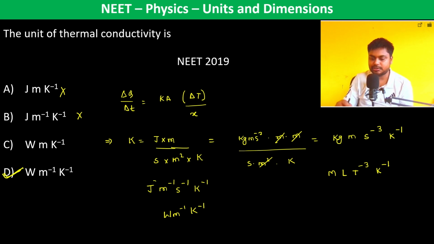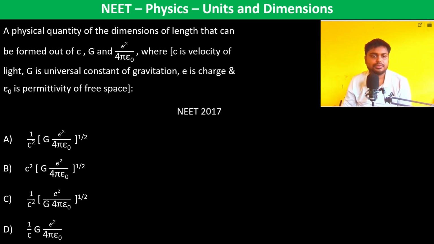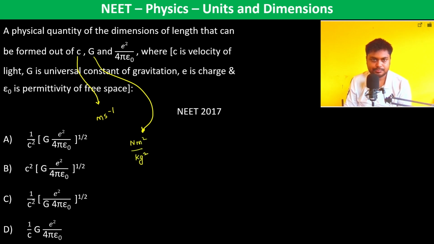A physical quantity of the dimension of length that can be found out of this is, okay, so c is in meter per second, velocity of light. G is Newton meter square per kg square, and e square by 4 pi epsilon naught.